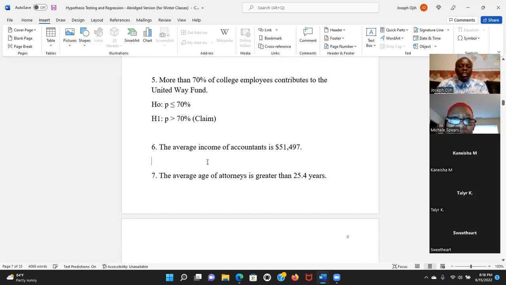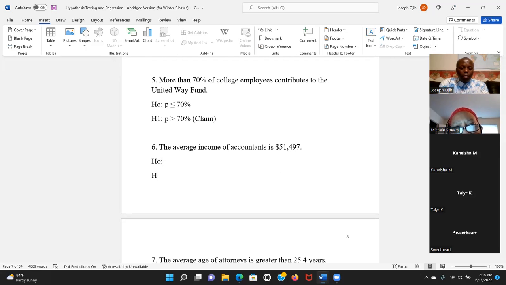Here it says the average income of accountants is 51,407. So you have H0 and H1. "Is" here means equal. So the mean is equal to 51,407, and that's your claim.